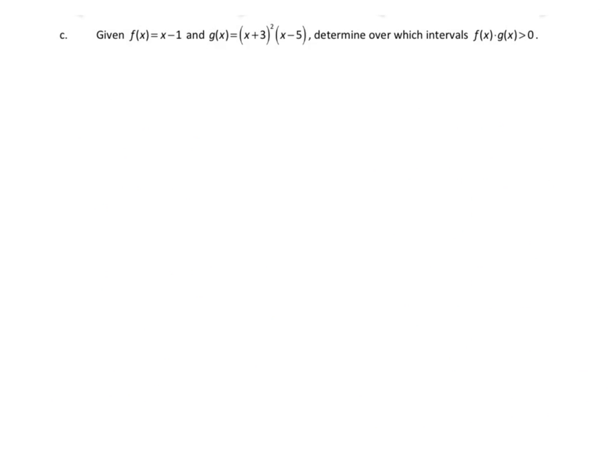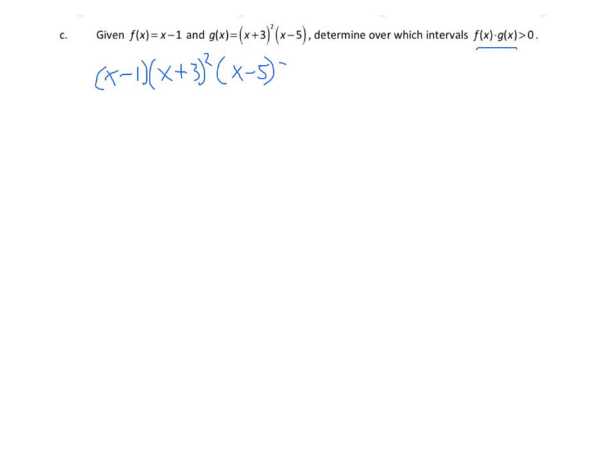In this last problem, we have two functions, f of x and g of x, and we want to determine when their product is greater than 0. So we just multiply them together. x minus 1 is f of x times g of x, which is x plus 3 squared times x minus 5.